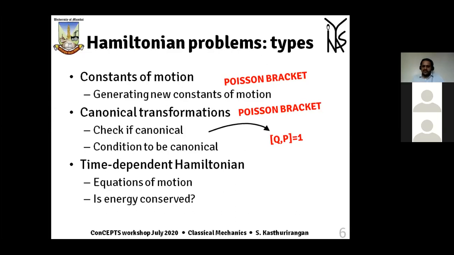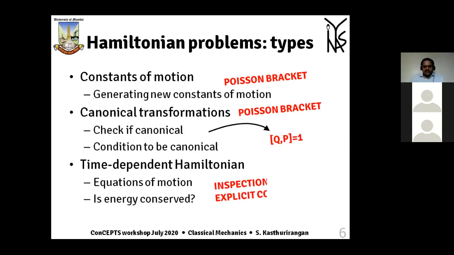If they satisfy the fundamental Poisson bracket relations, then the transformation is canonical. Otherwise, it is not. So I am just emphasizing again and again, it's all implementation of the Poisson bracket evaluation which you have to do. So if you practice the Poisson bracket for 15, 20 functions, you are ready for this entire class of problems. That is the idea.